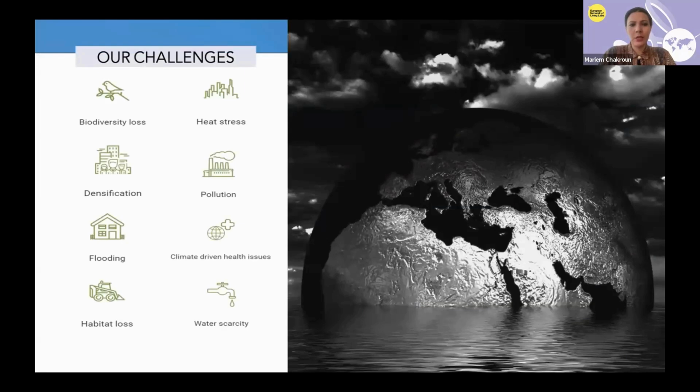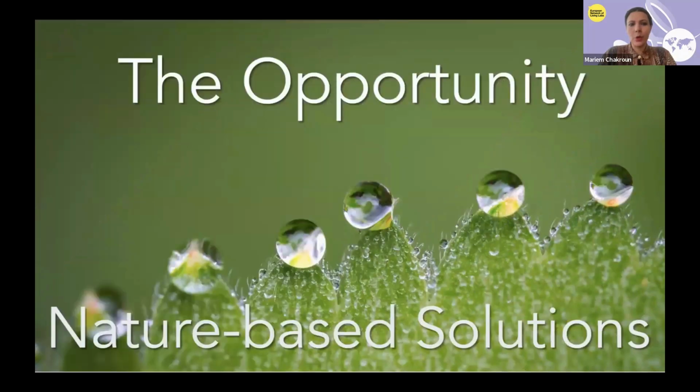And the challenge can be related to many other challenges, namely biodiversity loss, flooding, water scarcity. And the opportunity that we were focusing on in this project is to create nature-based solutions.